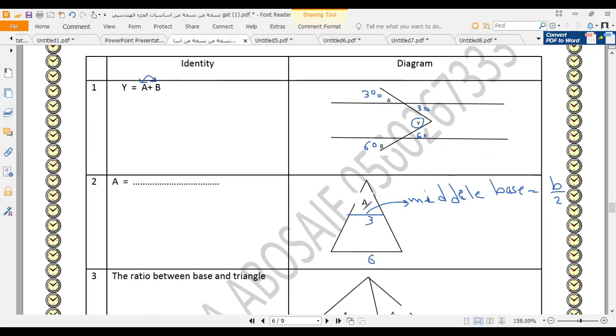If this is 10, this is 5. Now the problem here: if I have a middle base drawn, the smaller triangle is equal to 1/4 of the bigger triangle. So the triangle A is 1/4 of triangle ABC.